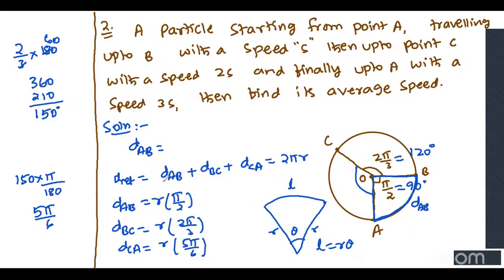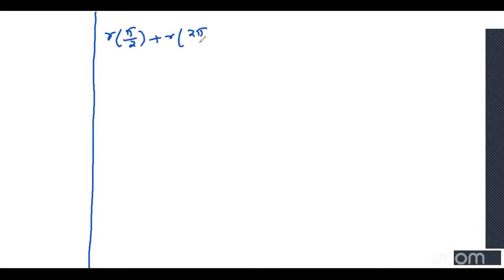So I will add all these: r into pi by 2 plus r into 2 pi by 3 plus r times 5 pi by 6 is equal to 2 pi r, right?